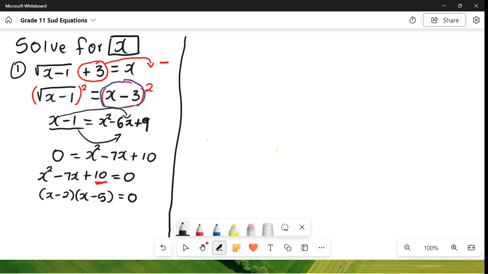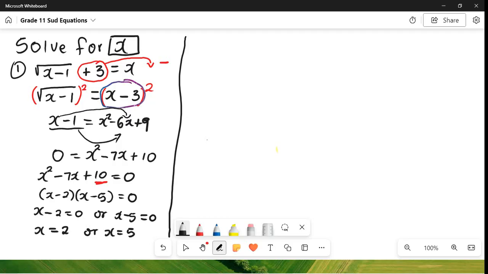So when we have it like this, we equate each one to 0. x minus 2 equals 0, or x minus 5 equals 0. When we transpose, we're going to have x equals a positive 2, or x equals a positive 5.